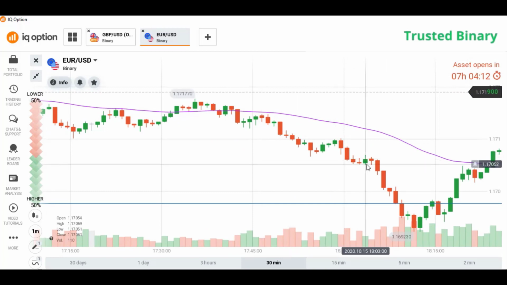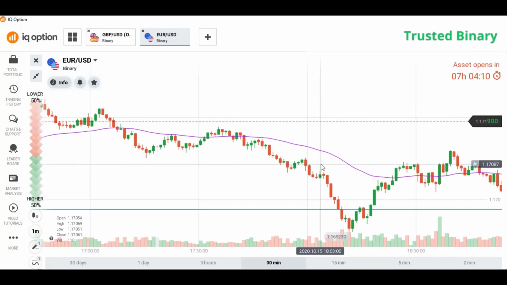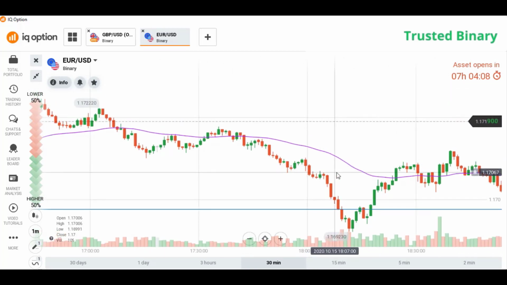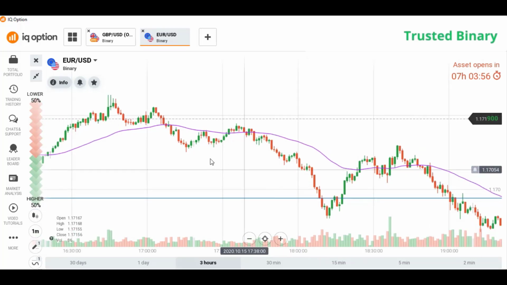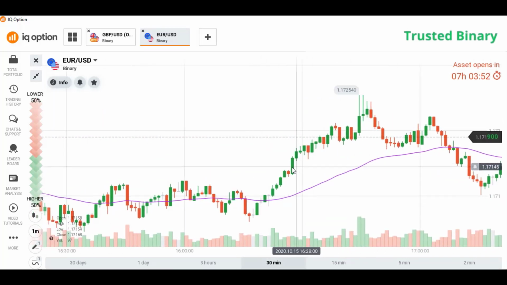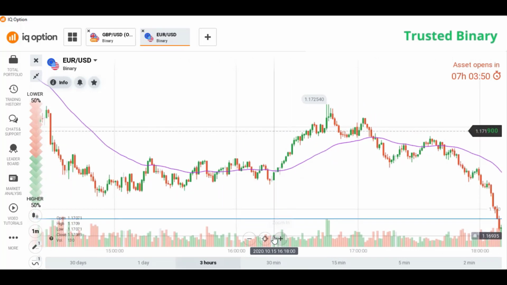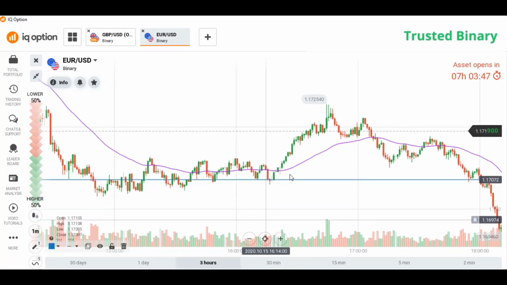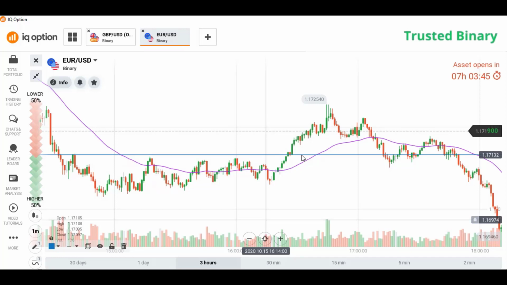It's a highly profitable setup, so we can place our trade again and again based on this trend continuation pattern. Yes, this bullish one. What happened here? Observe here.